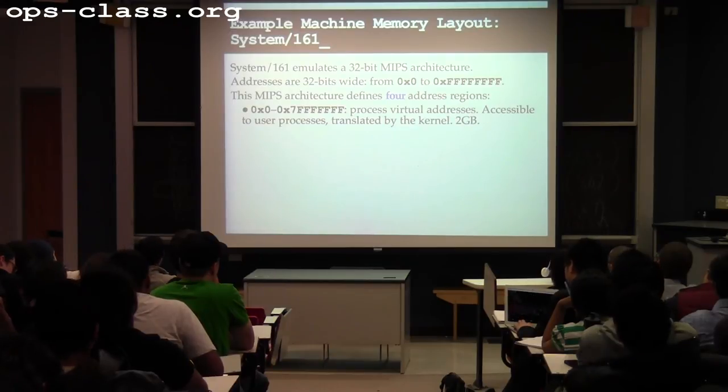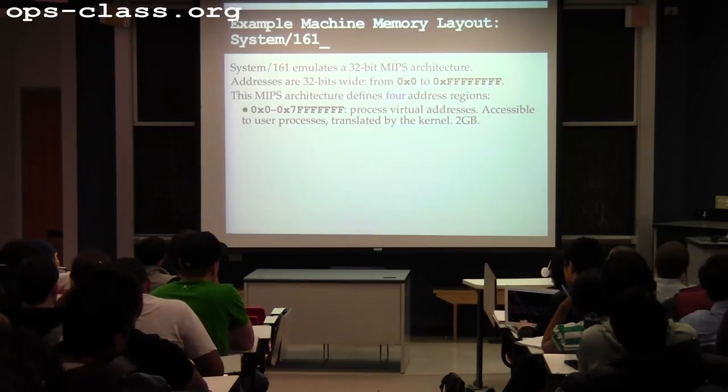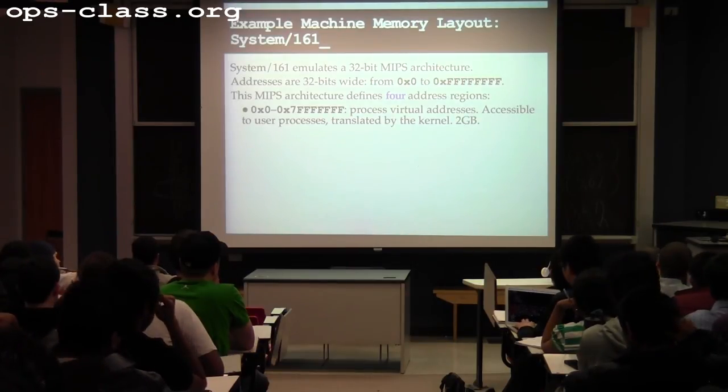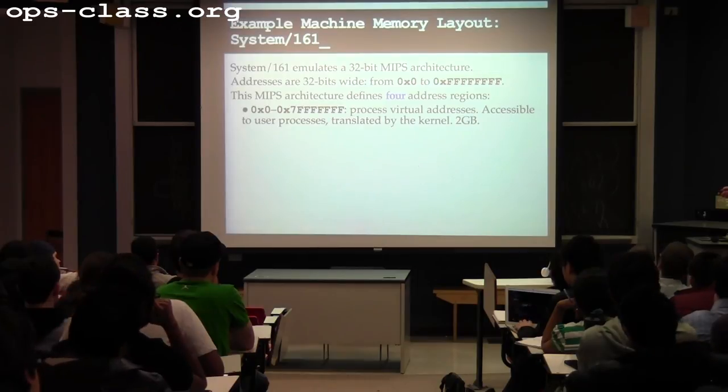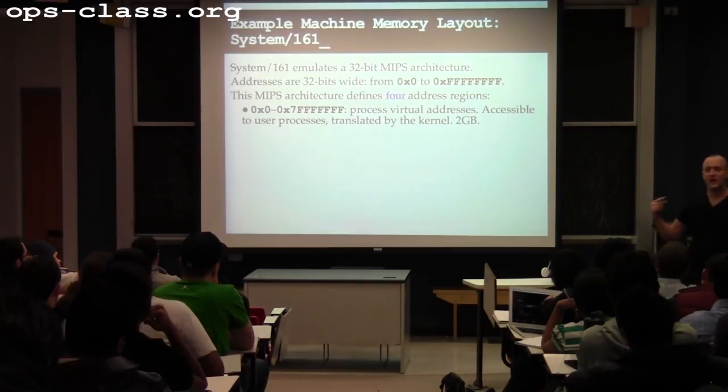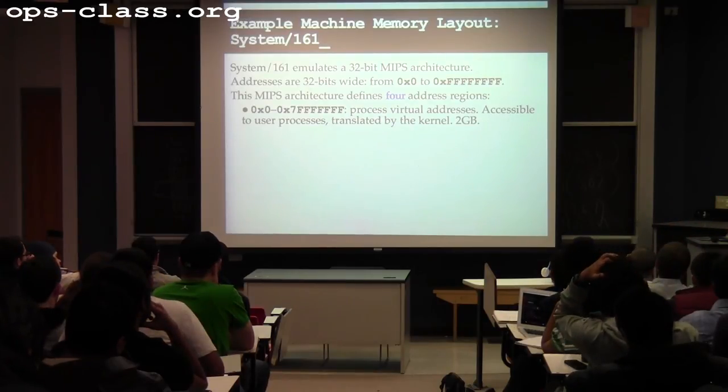This memory is accessible by user processes, and it's translated according to how the kernel sets up these mappings, right? So this gets a little bit weird, because every process has these addresses, but they're all virtual addresses, right? So anytime an address within this range is accessed on the machine, it will be translated by hardware according to rules that the kernel is going to establish.